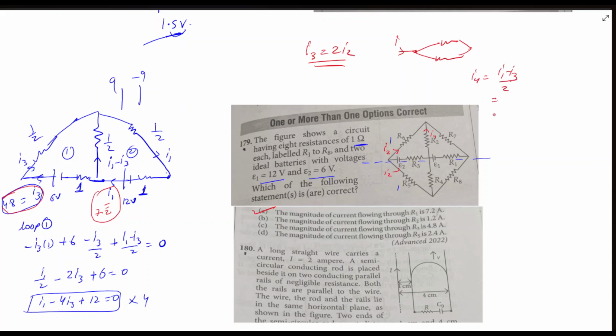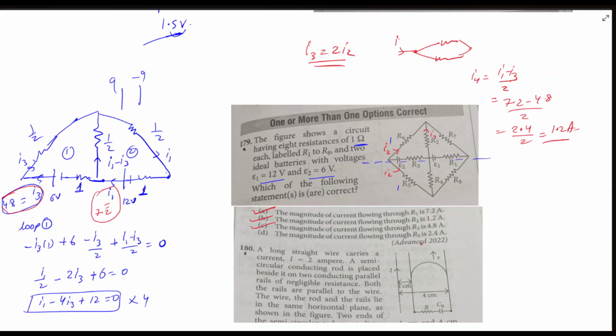Yes, so I1 was 7.2 minus I3 was 4.8 divided by 2. So how much will it be? It will be 2.4 divided by 2. So it will be 1.2 ampere, right? So I4 in this wire is 1.2. B option is correct. Now in R3, it will be 4.8. So C option is also correct.